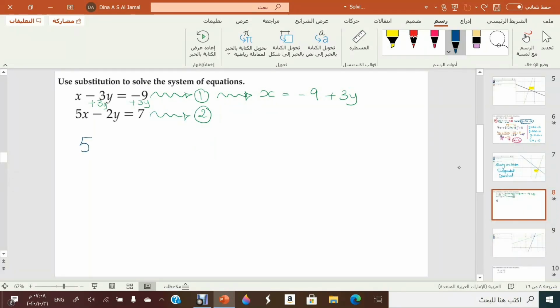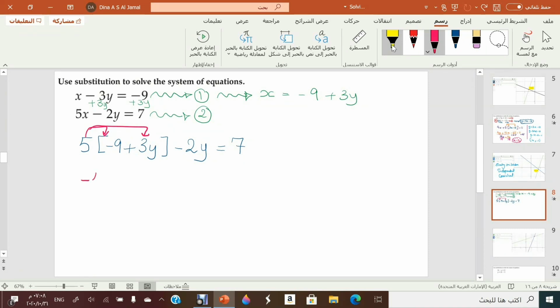5, and now you have x alone. So minus 9 plus 3y, minus 2y as it is, equals 7 as it is. Now you will be using the distributive property. So it will be minus 45 plus 15y minus 2y equals 7.